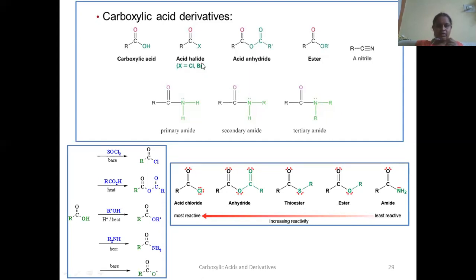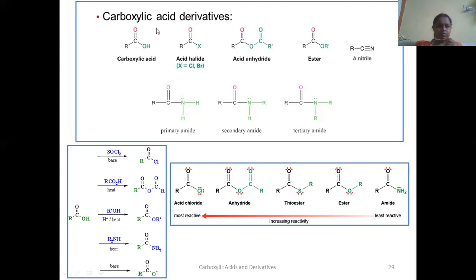So students, these are the carboxylic acid derivatives, how they are formed by replacing the OH of this carboxylic acid. I'll show it here by writing it. Okay, this is a ChemSketch. So how carboxylic acid derivatives are formed by replacing OH from the carboxylic acid group.